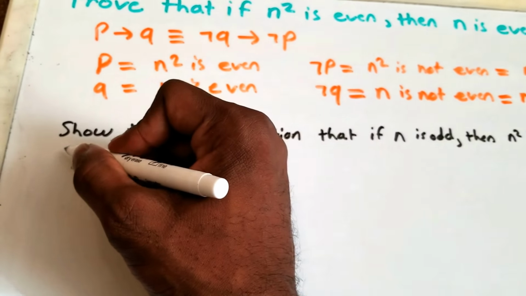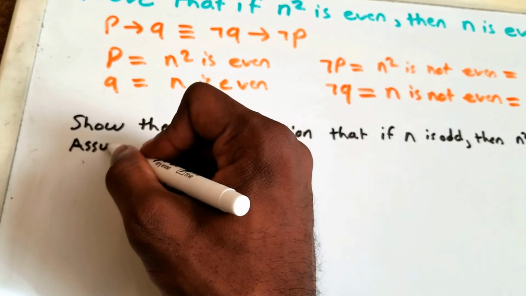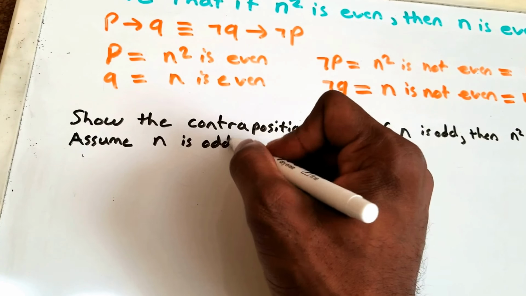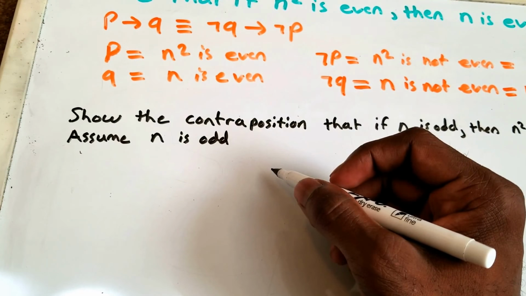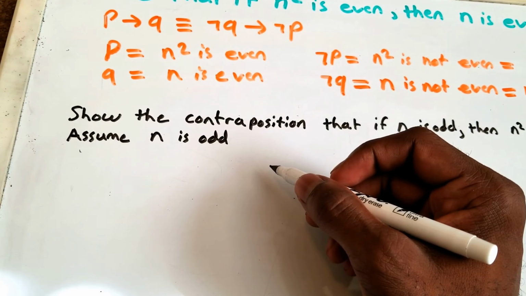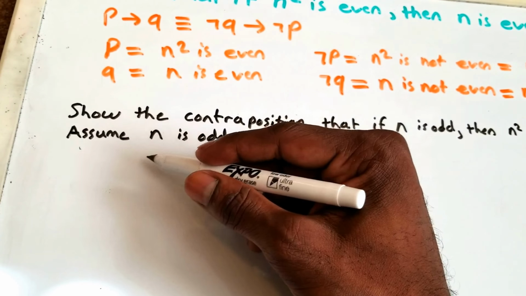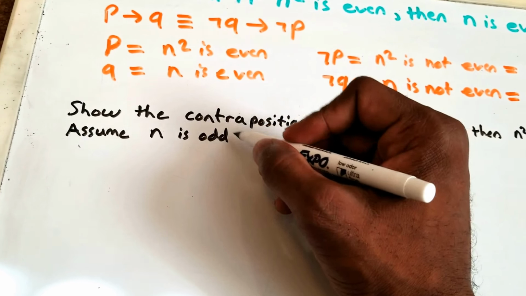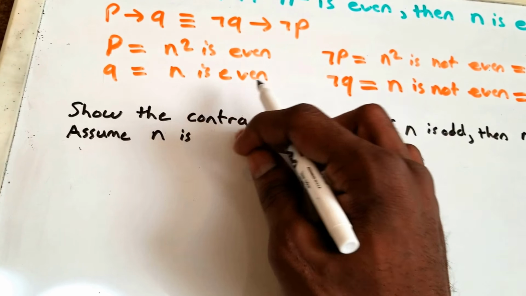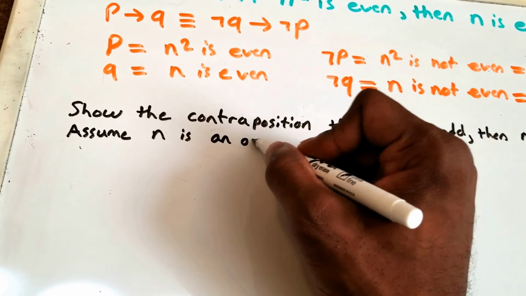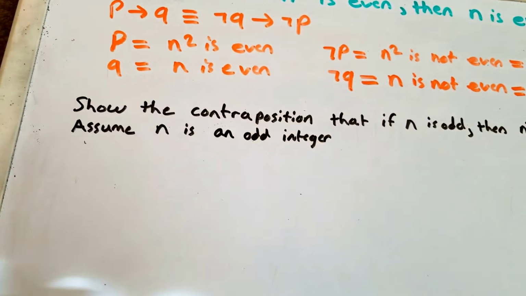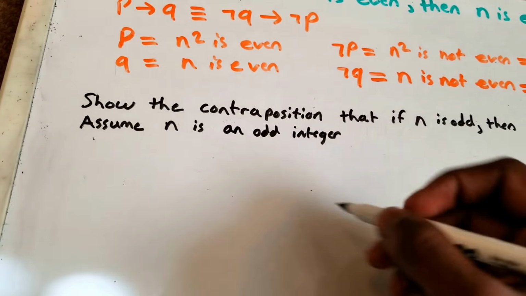So we're going to assume that n is an odd integer.